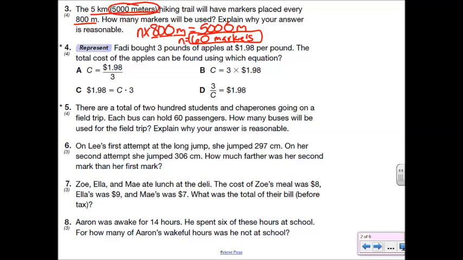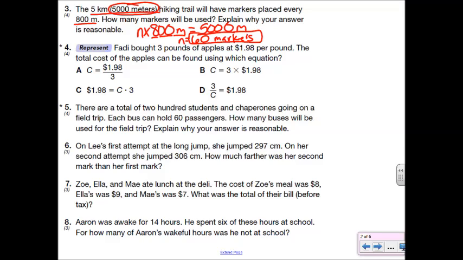If we did it every 500, we'd have 100 markers, but we're going to have less than that since it's 800. So all of those explanations would tell you that your answer is reasonable, and it's really important to make sure in the end if your answer is reasonable. You don't want to just believe what a calculator says, because they don't know the problem like you do.